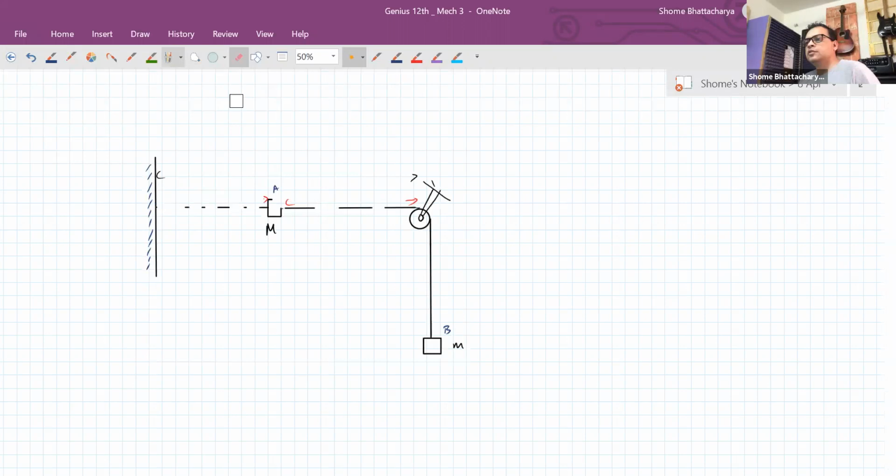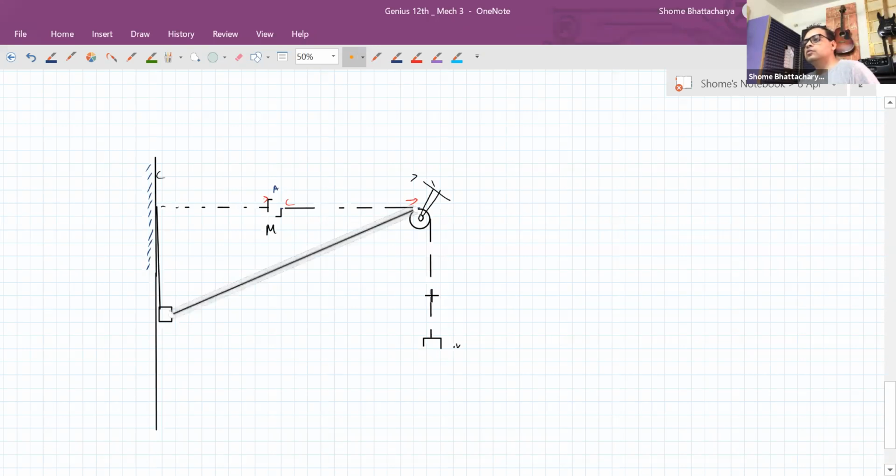Okay, so when this is going to hit the wall, at that moment, now this block is here. This thread joining it is here. And this thread has become like this. Okay. So obviously this block has moved up somewhere here.